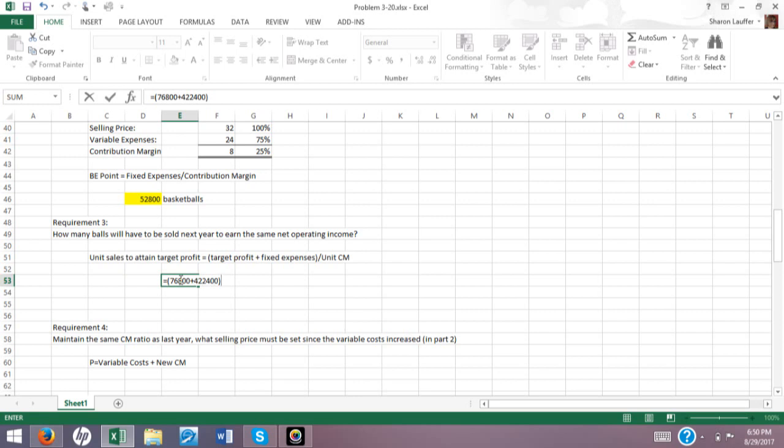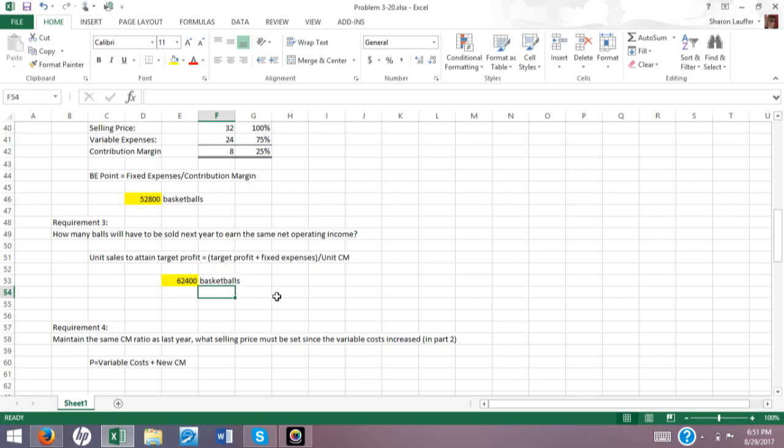Then I'm going to divide that by our unit contribution margin, which is $8 a unit. And that gives us 62,400 basketballs. So we would have to sell 62,400 basketballs to keep our target profit the same as last year, considering that we had an increase in our variable costs, which changed our contribution margin.